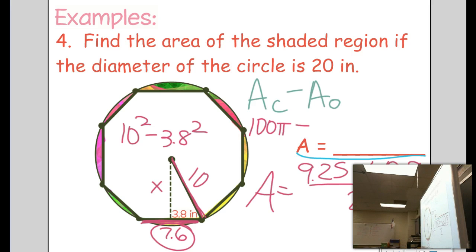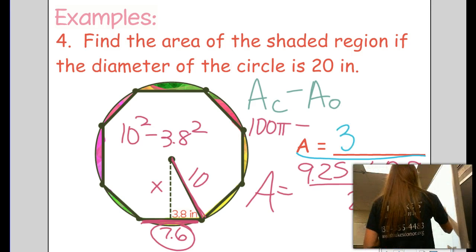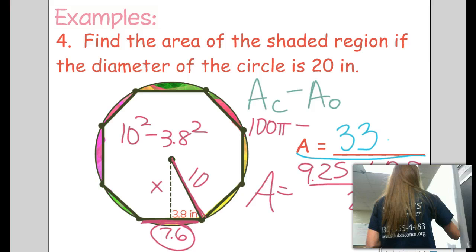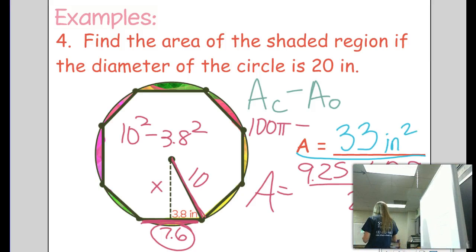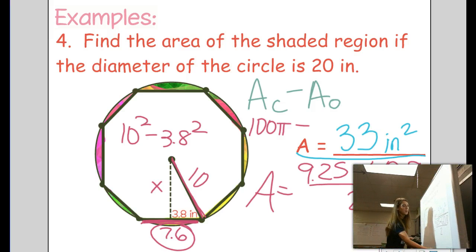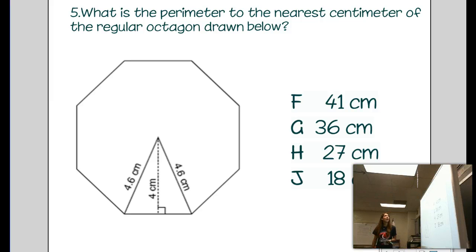Let's round it to 33 because it's 32.5. That's better. 33 inches squared. Kendall, you got something different for the other part? Nope. Good. Okay. 33. All right, we're almost done.